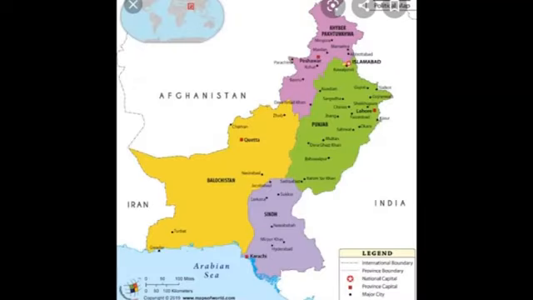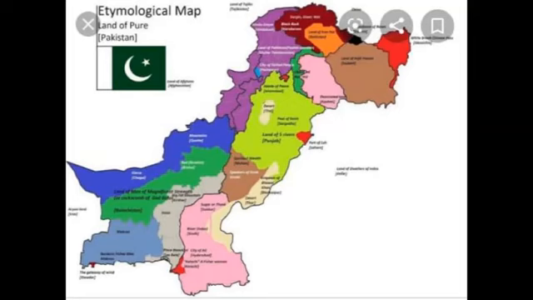Look at your map. For example, Karachi is located almost 25 degrees north and 67 degrees east. This means it is 25 degrees north of the equator and 67 degrees east of the prime meridian.